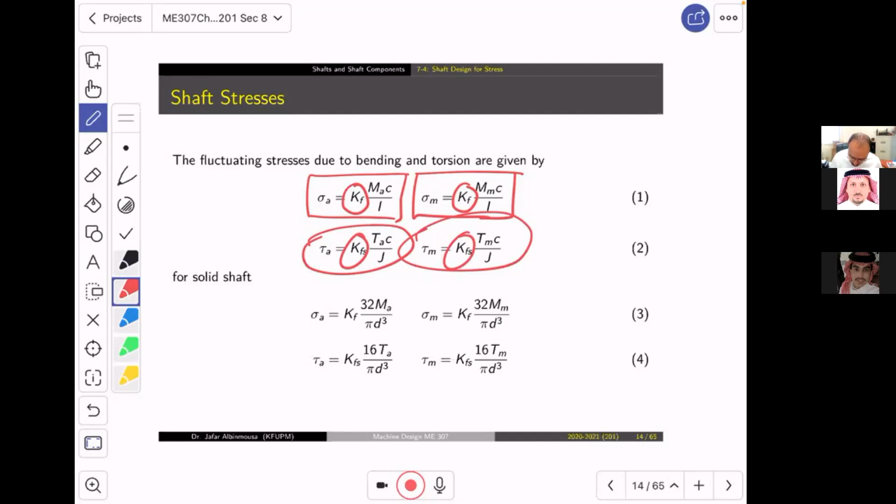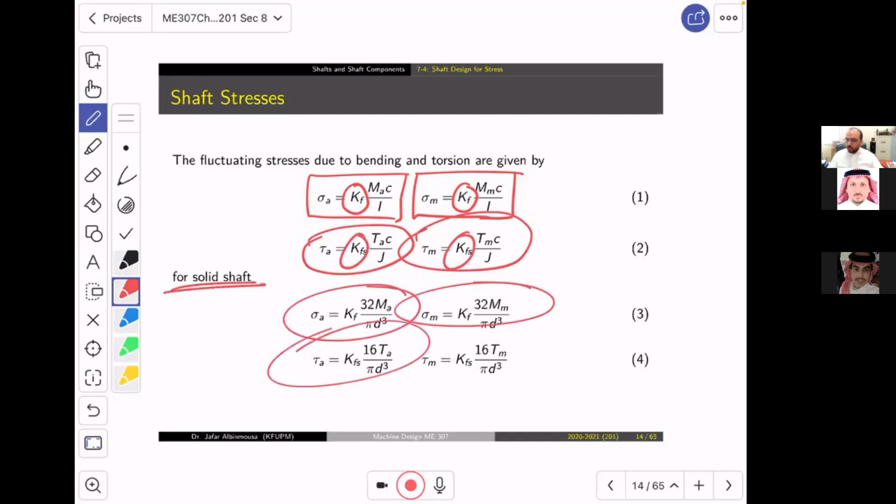For a solid shaft, we will open up the equation and we will have pi over 64 d squared, d to the power 4, and we will divide that by 2 because we have c equals d over 2. That's why we have 32 over pi d cubed and so on.